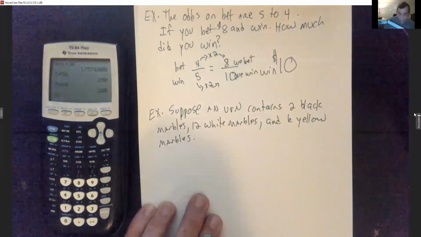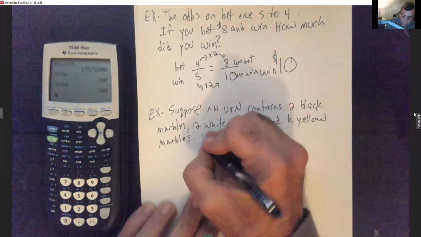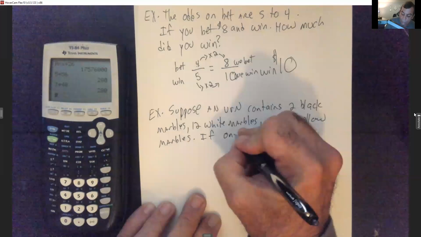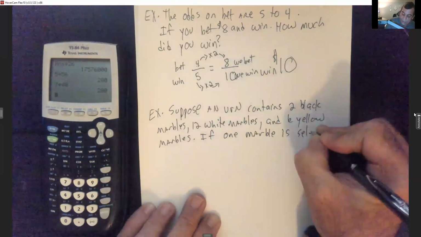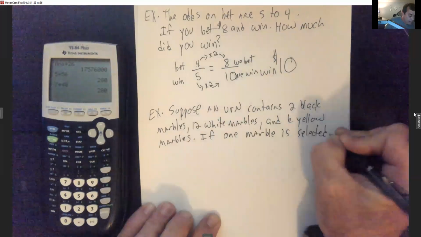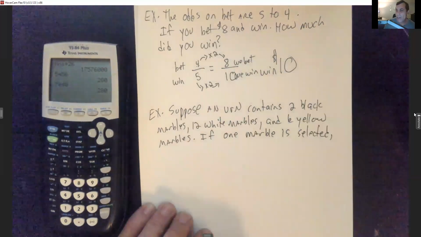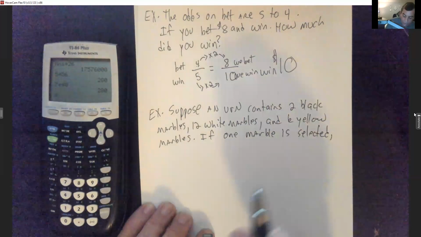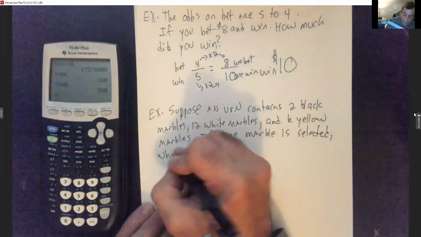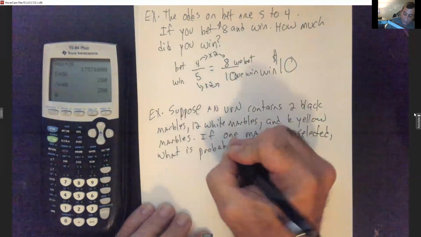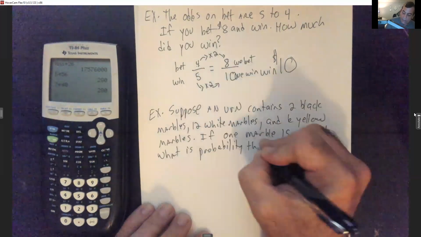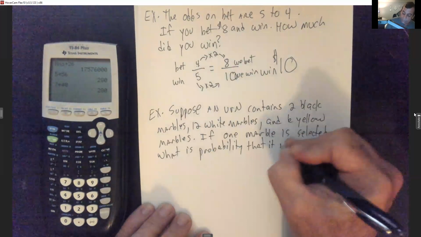If one marble is selected, what is the probability that it's yellow?